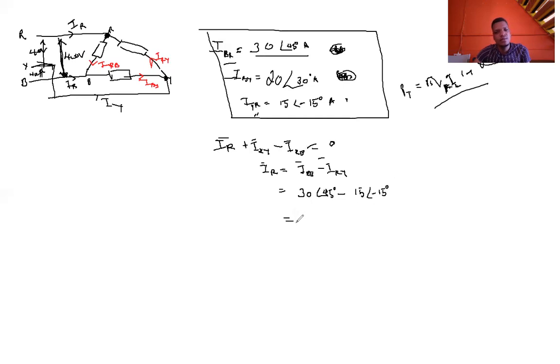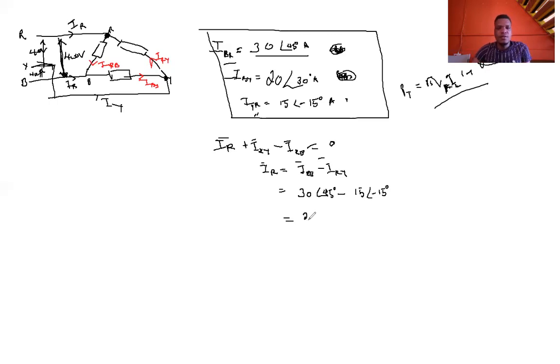So now if we simplify that one, we change it to rectangular form, 30, 45, and we get radians. So I need to change this into degrees so that I won't have problems. Let me see. 30, 45.